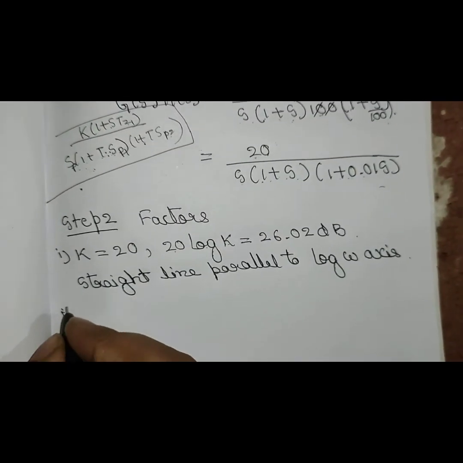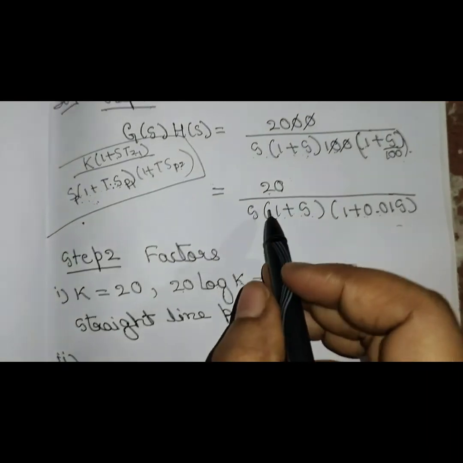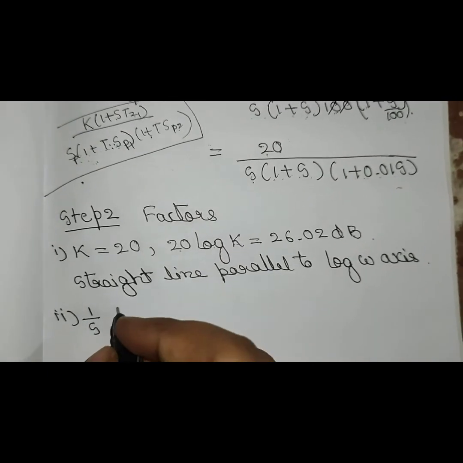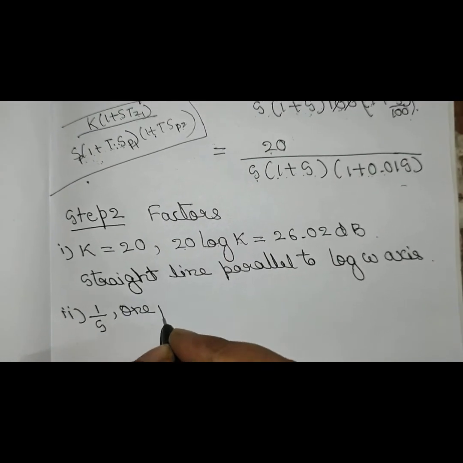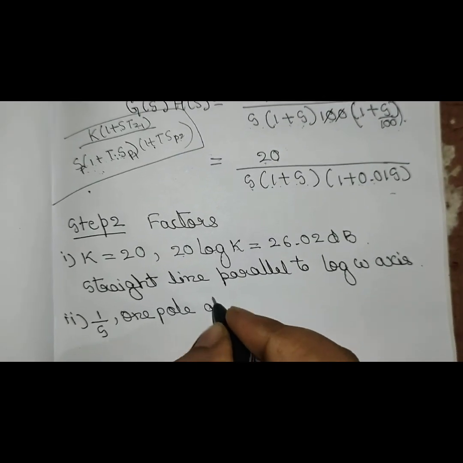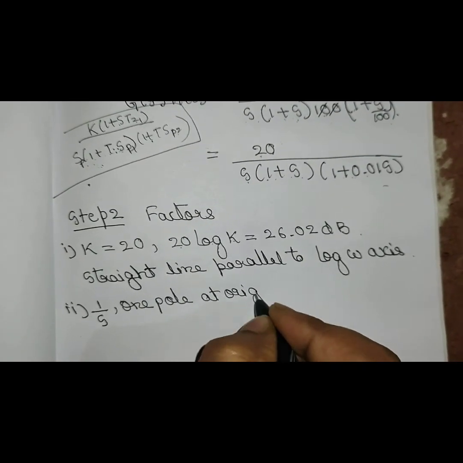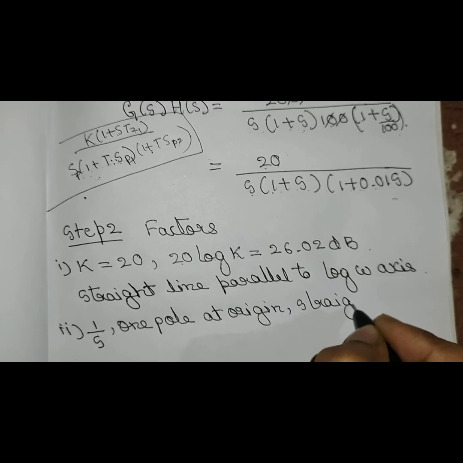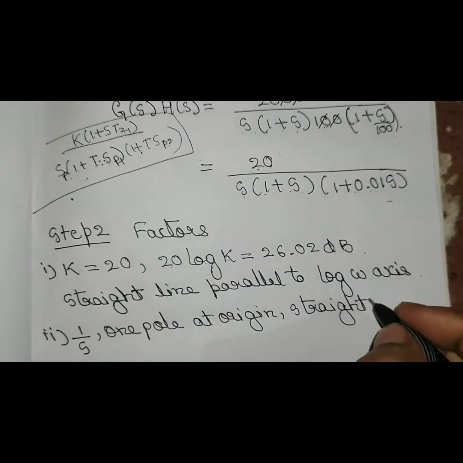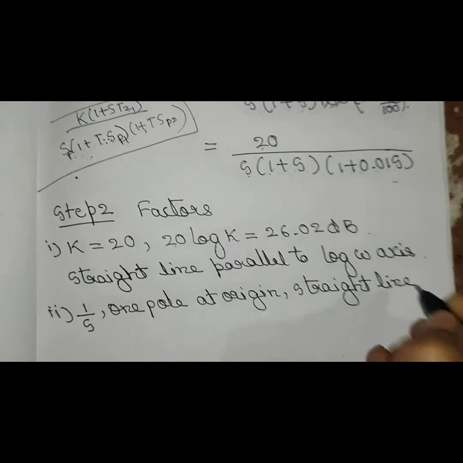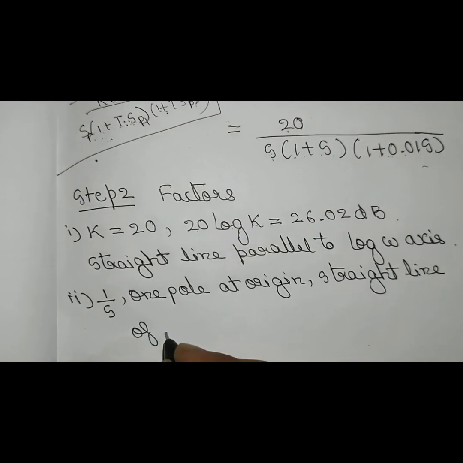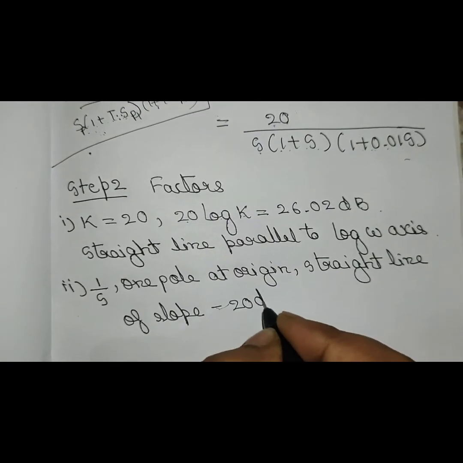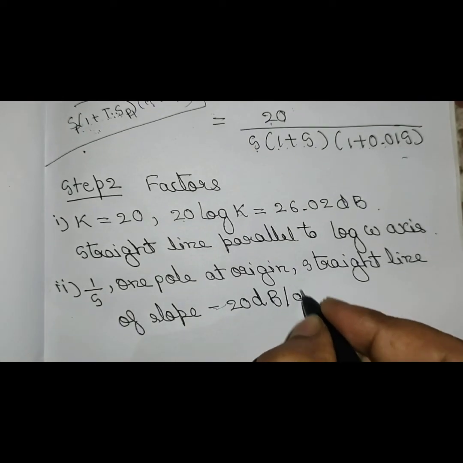Next, second factor. You can observe here one pole is at the origin, that is s. So what we can write, 1 divided by s, one pole at origin, straight line of slope minus 20 decibels per decade.